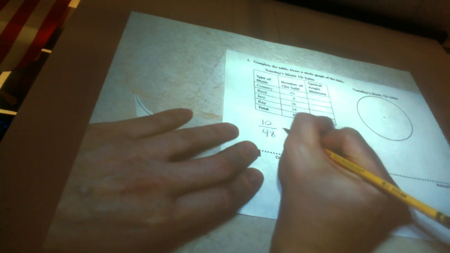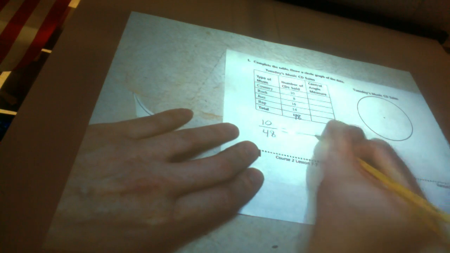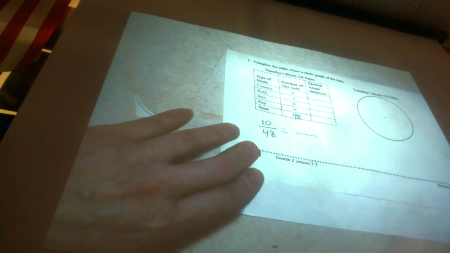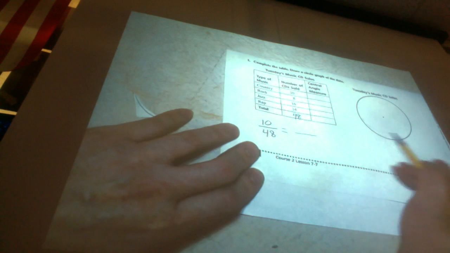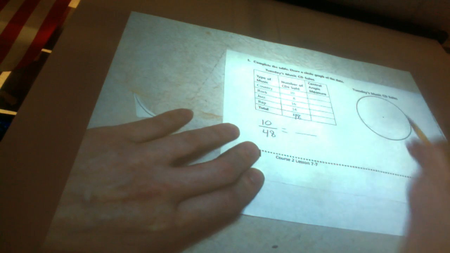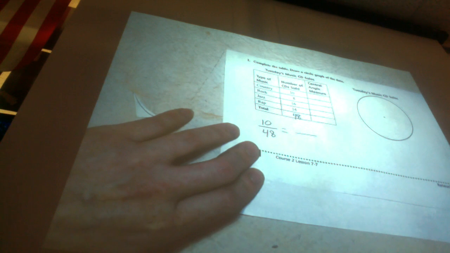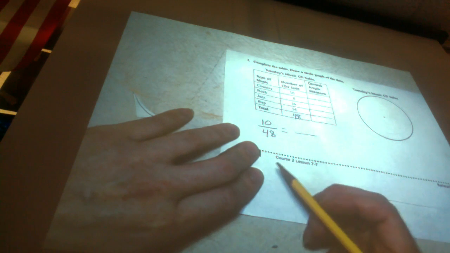Now we're going to set up a proportion because we need to figure out the central angle measure. When we're talking central angle, we're talking about a circle. How much of this circle do we need to section off for the country music CDs? What unit do we use for circles?